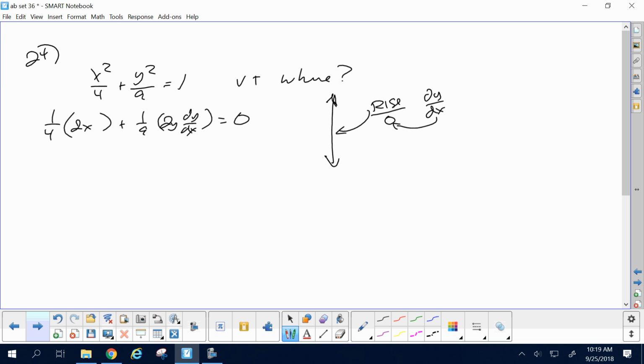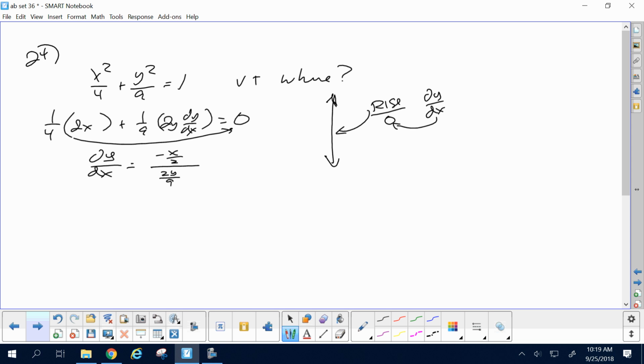Cool? Okay, so if I solve for dy/dx, I would subtract this over, and so it's something like negative x over 2 if I reduce first, right? If I divide this over, then I'm dividing by 2y over 9. Are you with me? Okay.